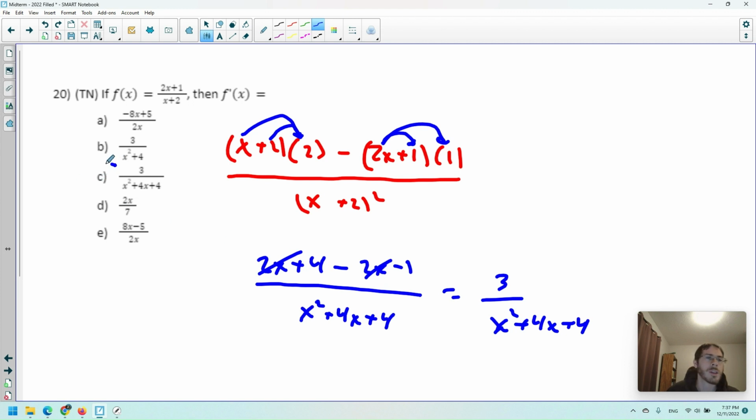So there we go. So we get C. So this person wanted us to actually do some extra algebra in addition to the calculus. And sometimes you might just see this calculus version as an answer choice, and this person wanted us to go a little further.